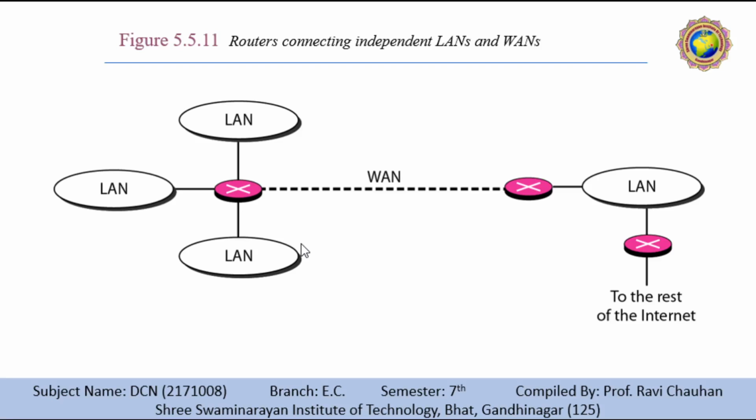Routing tables are normally dynamic and are updated using routing protocols. We will discuss routing in greater detail in a later chapter. Our figure shows the part of the internet that uses routers to connect LANs and WANs. This symbol is for a router which connects a LAN and WAN to the internet.